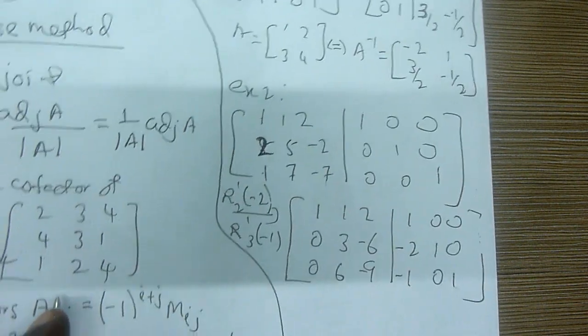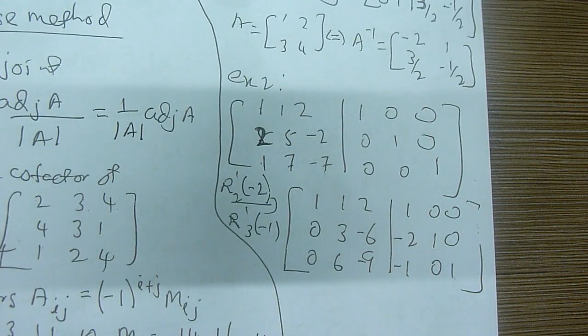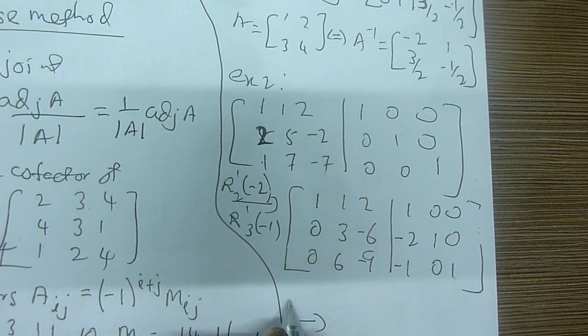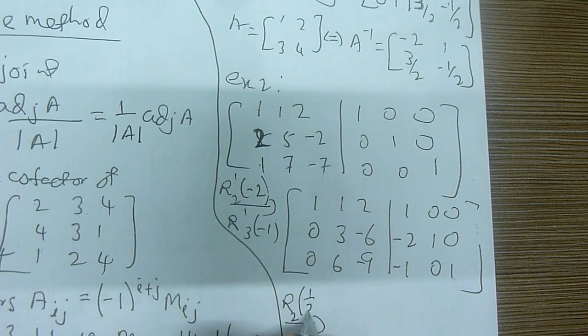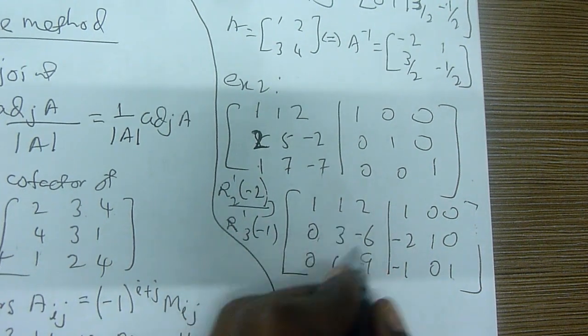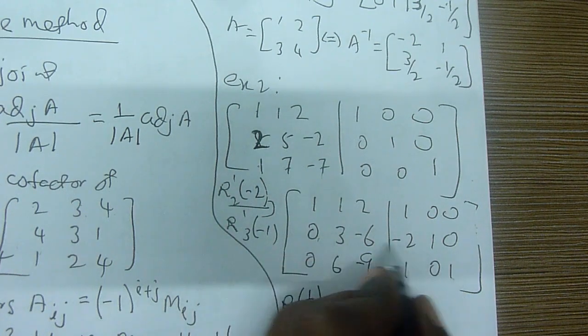Okay, what is your next task? Your task is to make this one 1, and this 2 0. Therefore you have 3 rules to follow. I just pick one: row number 2 divided by 3, multiplied by 1 over 3. First step, just to make it 1.